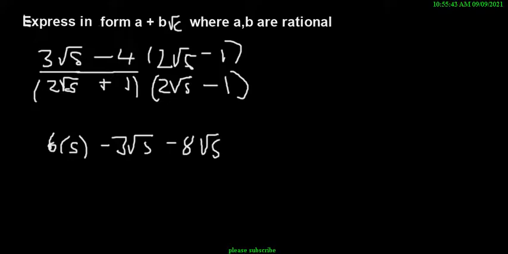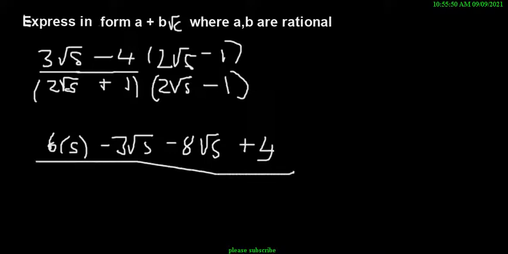Negative 4 times negative 1 is going to be positive 4. And everything over 2 root of 5 times 2 root of 5, which is 4 times 5, because roots cancel. 2 root of 5 times negative 1 is going to be negative 2 root of 5, plus 1 times 2 root of 5 is 2 root of 5.